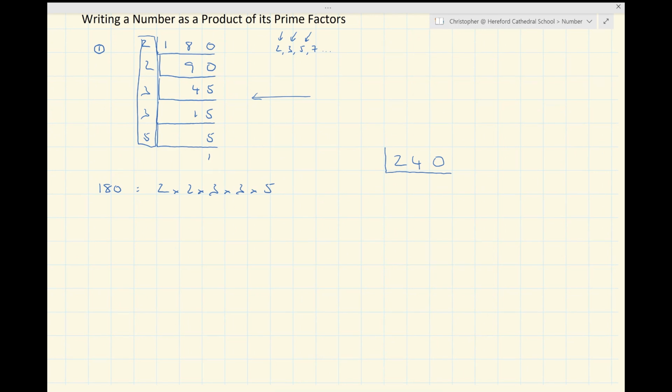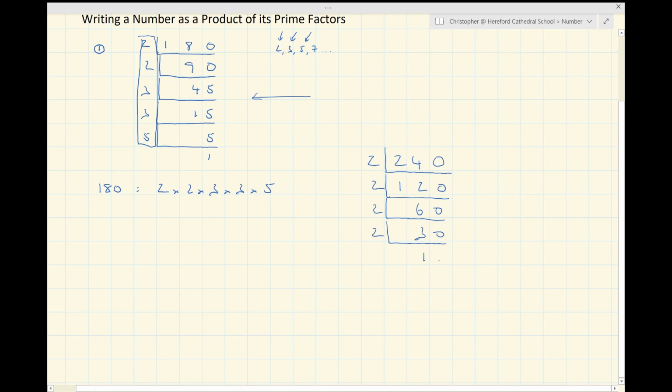Okay, now I'm going to do this one. So I'm going to divide 2 into 240 until I can't divide 2 in any longer. Of course, as long as the number's even, you can divide 2 into it. Right, 2 doesn't go into 15. Does 3? Yes, it does. It goes 5 times. 3 doesn't go into 5. The next prime number is 5.